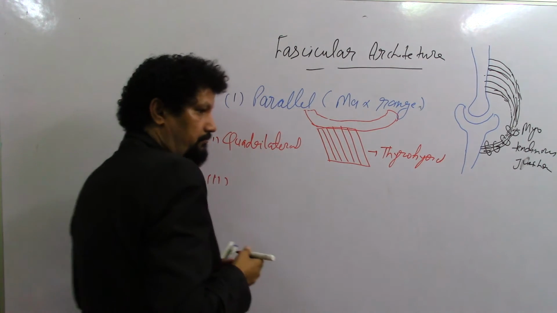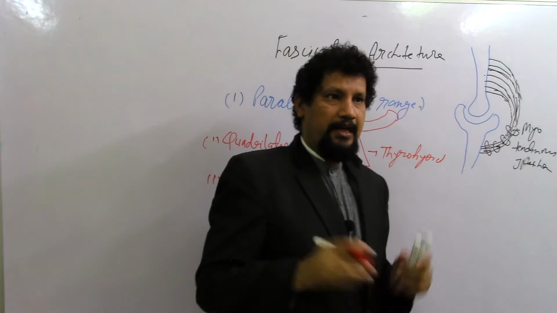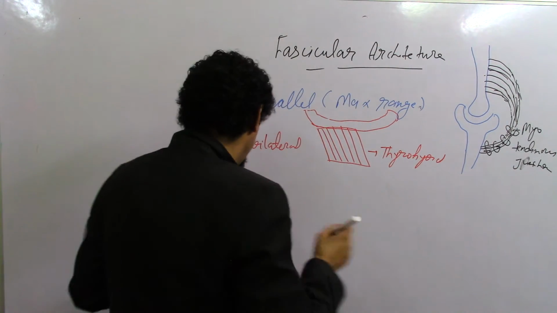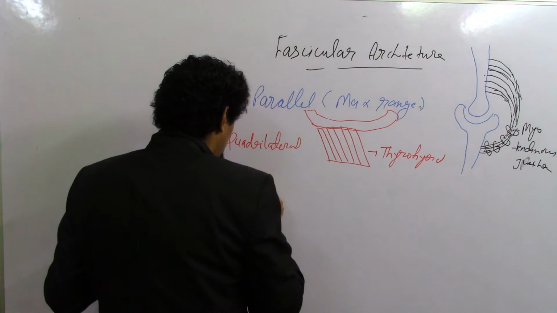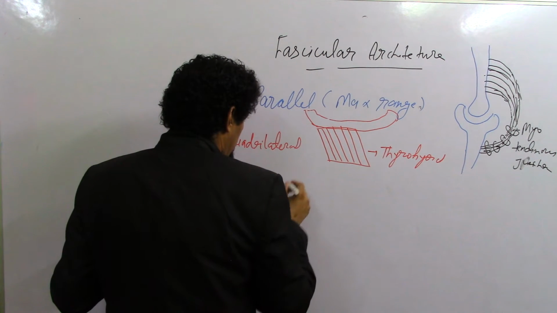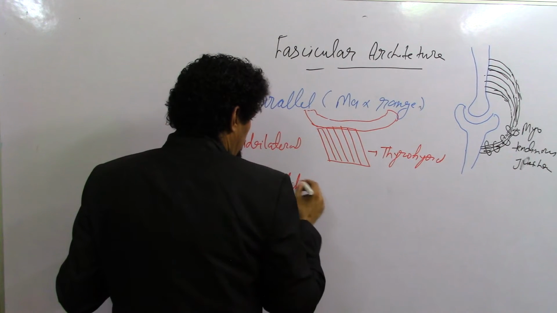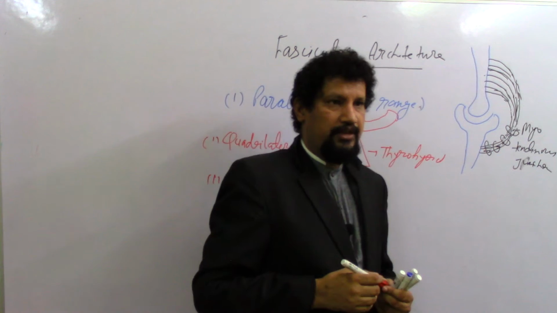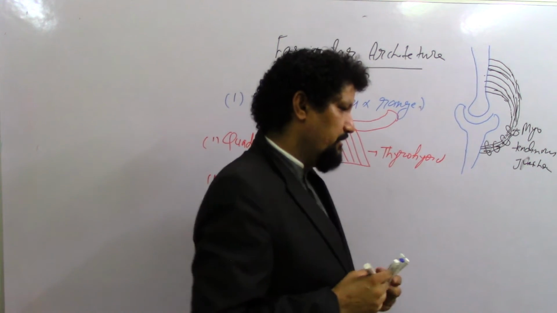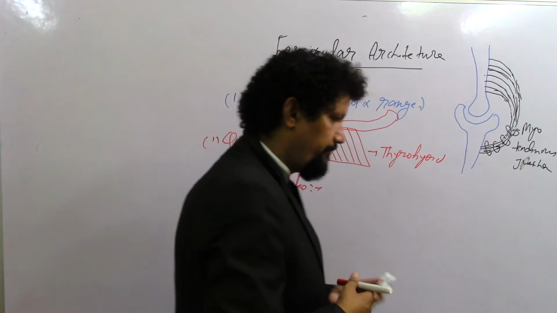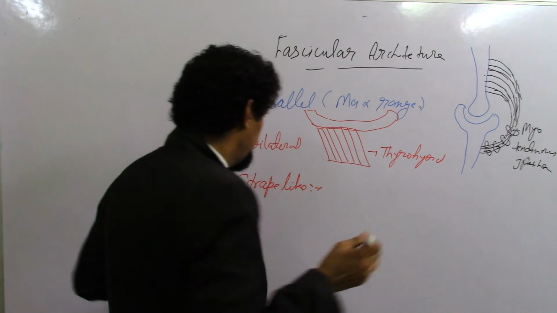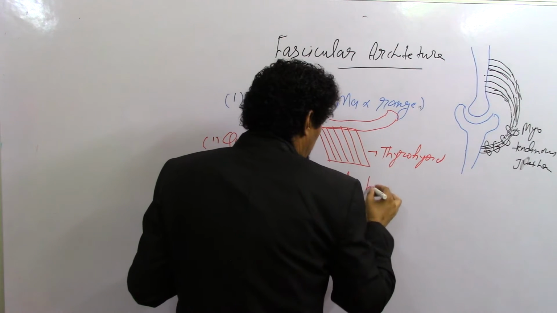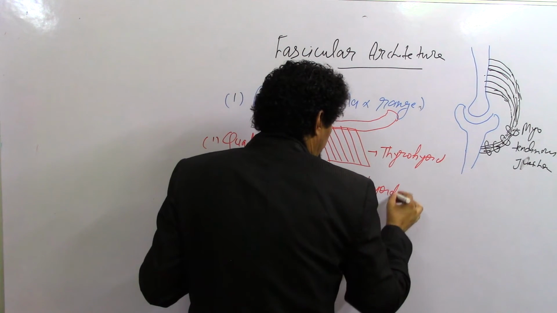In some muscles, the fibers are parallel, but the muscle is strap-like. We can see the parallel muscular fasciculi and the strap-like muscle in the infrahyoid muscles.